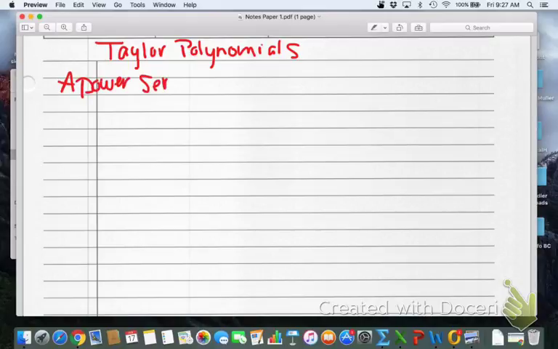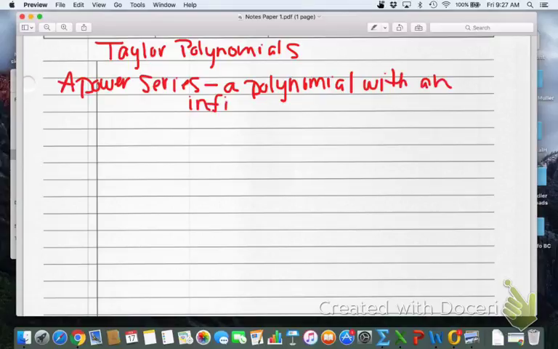I think I mentioned power series last time in class, maybe just briefly, but a power series is a polynomial with an infinite number of terms. And so a Taylor polynomial is a power series.